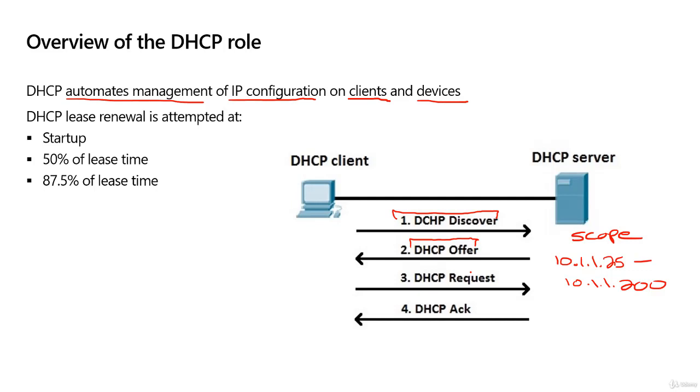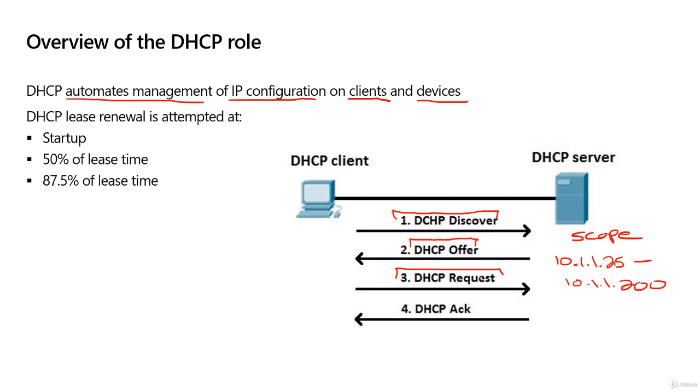So let's say you're the first computer on the network. The offer is going to say, hey, client, here is IP address 10.1.1.25. Would you like to use this address? The client is going to send back a DHCP request. That request says, yeah, you offered me this IP address. I actually want to use it.